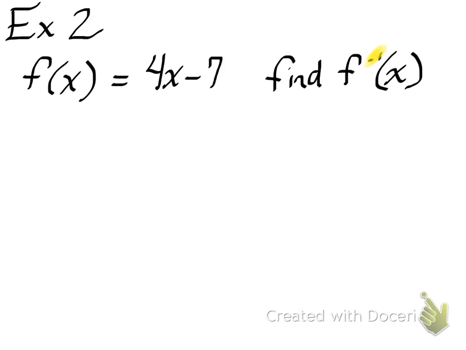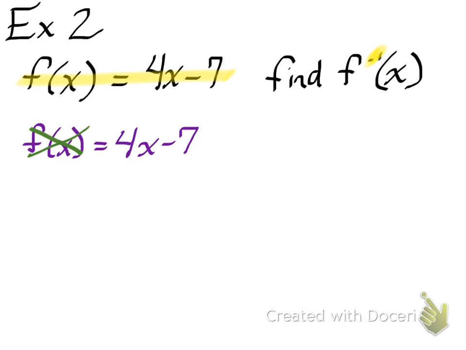So let's solve through f of x is equal to 4x minus 7. Step 1, just write down the problem. I usually like to replace my f of x with just a y.